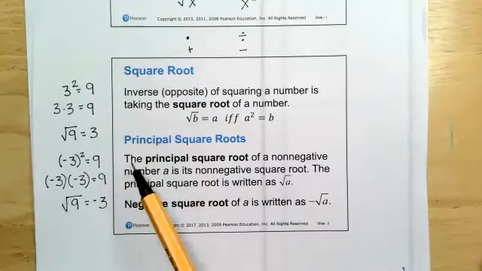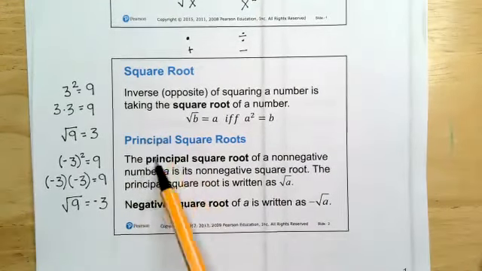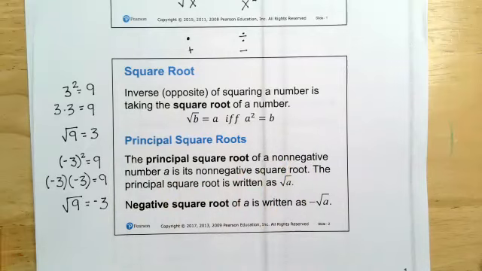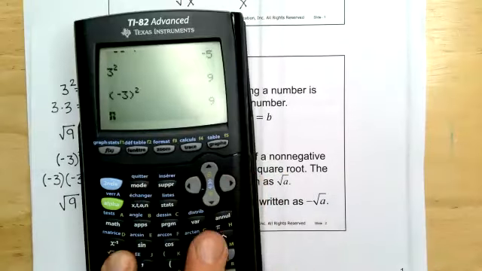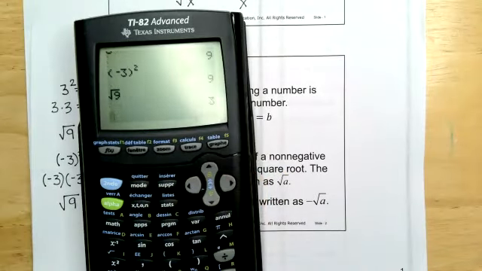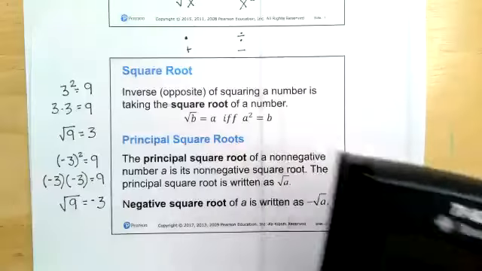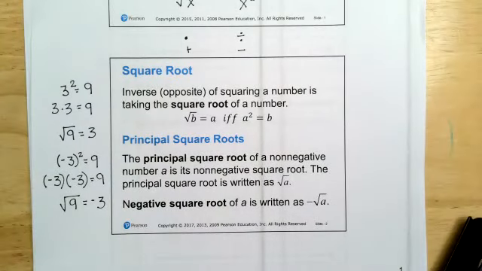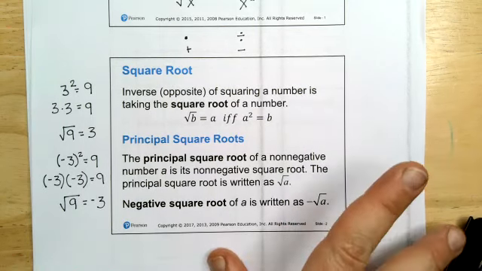But the principal or the main square root, the one your calculator gives you, if you just put in square root of 9, your calculator is only going to give you the +3. It doesn't mean that that's the only answer, but it's the principal answer. It's the one that we use the most, okay? There's also the negative, and it's written as negative square root of a.